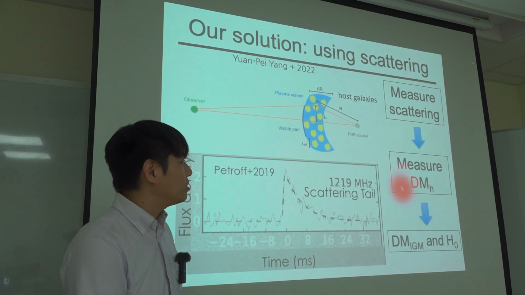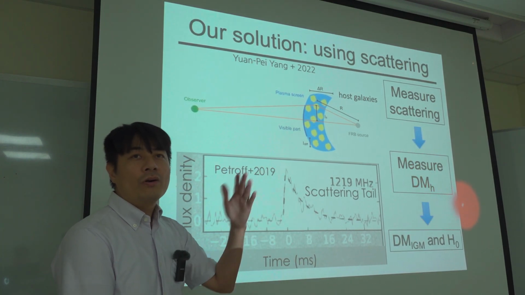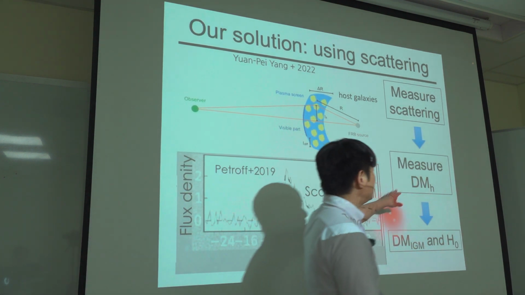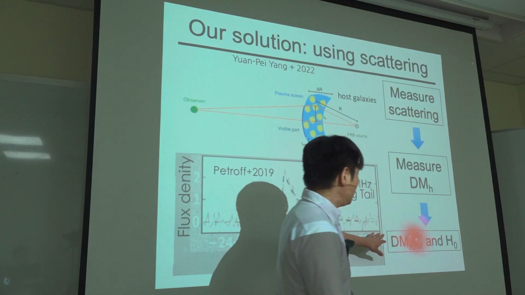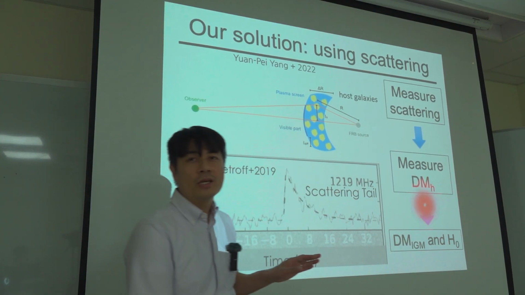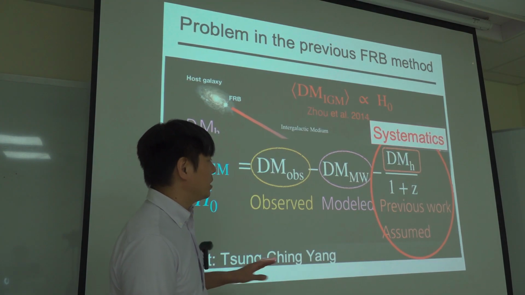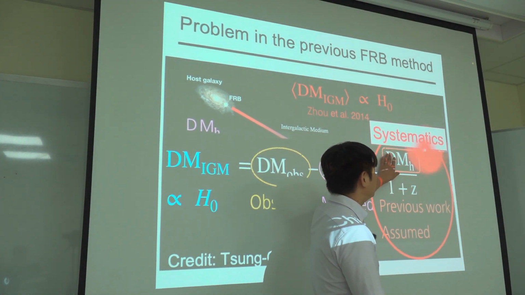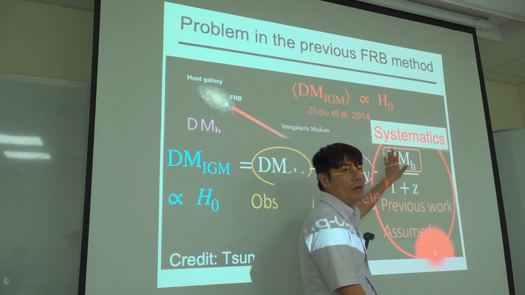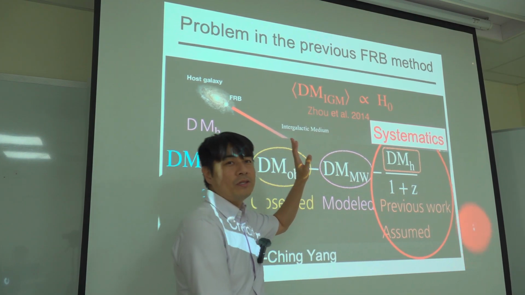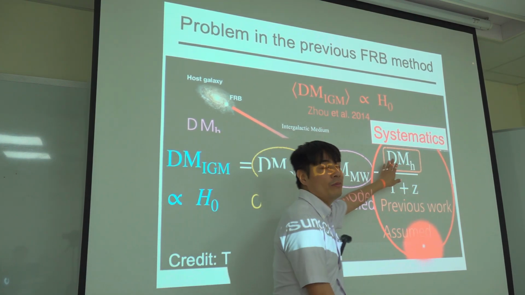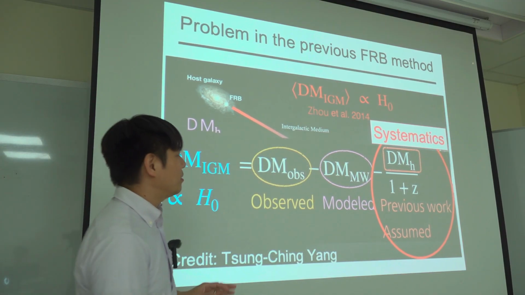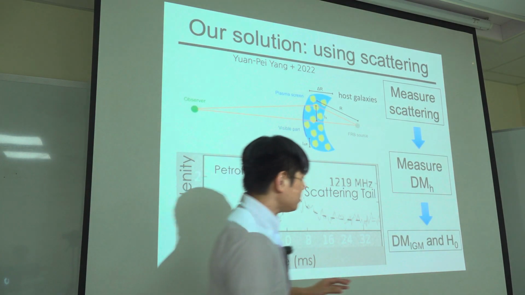This is measuring DM host for individual cases of FRBs. And then using this measured DM host, let's subtract it from DM observed. Before, people just needed to assume some number here, but now with our method, Johnson's method, we can measure this DM host. Then let's subtract it, and we don't need to assume it, using scattering.